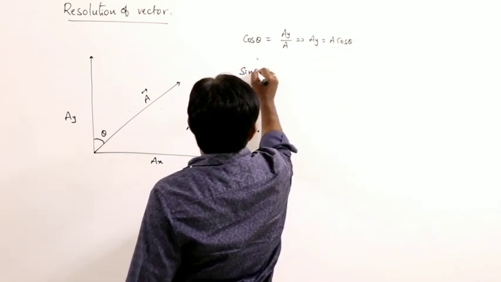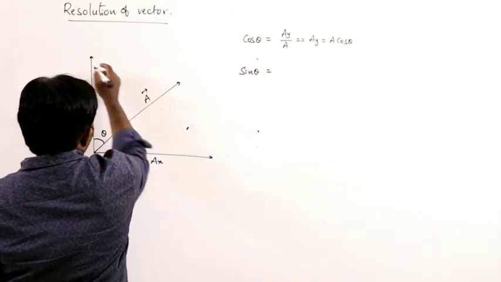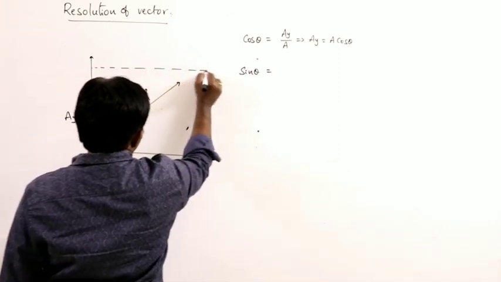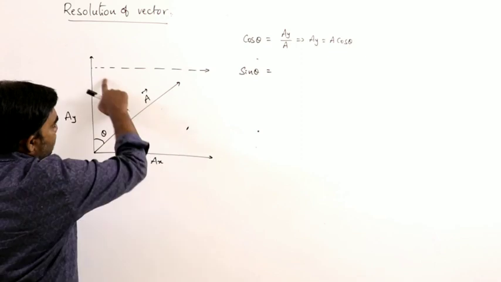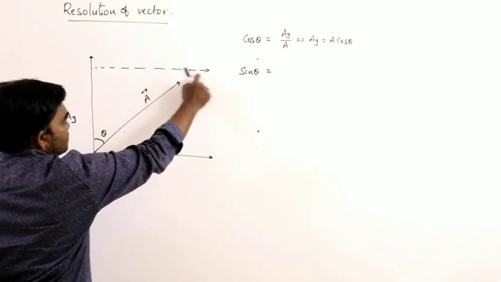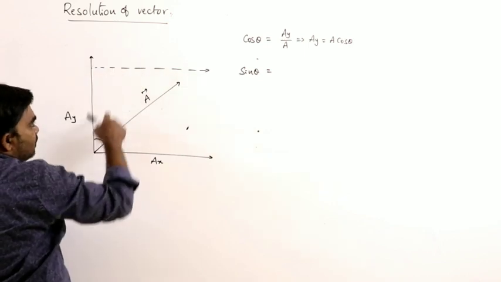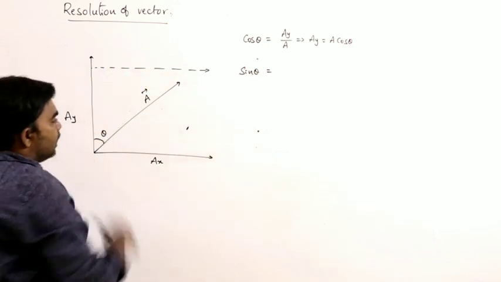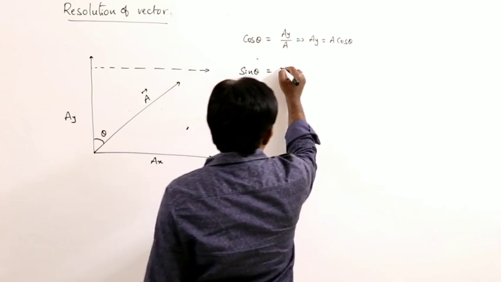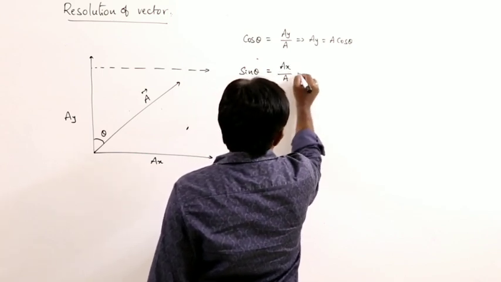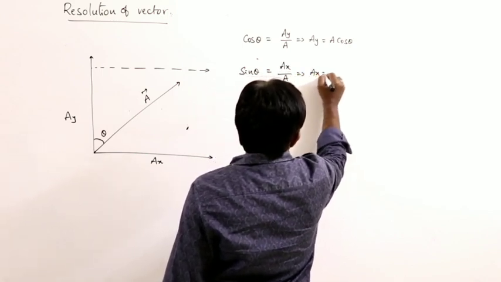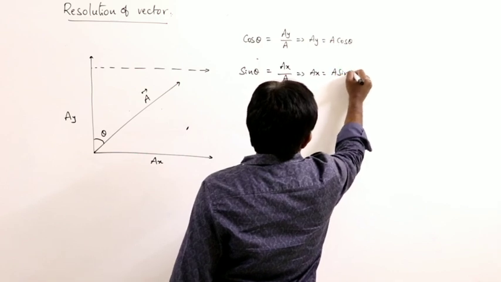In the same way, sin theta can be written as opposite side by hypotenuse. What is the opposite side here? AX by A. So, that means AX equals A sin theta.